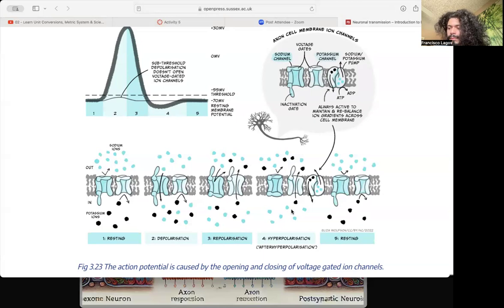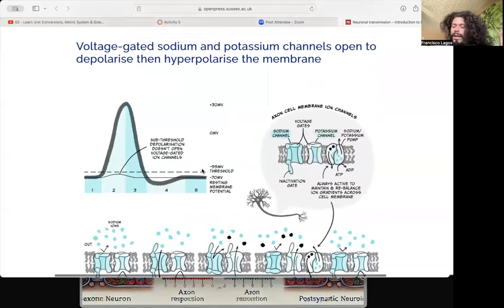Okay. So another thing that's important is what's called the absolute refractory period. When the neuron enters the absolute refractory period, it cannot fire another action potential. This is important because it ensures that the signals are going just one direction, right?